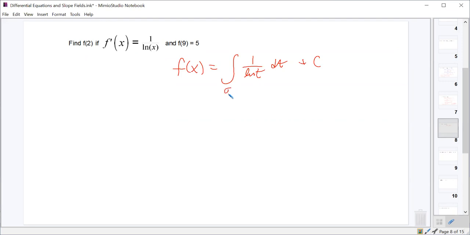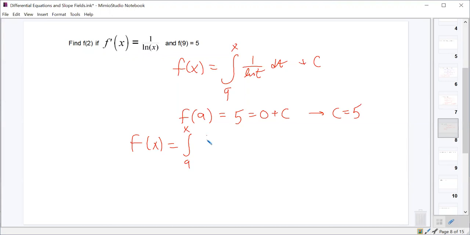And your lower limit should have been 9, and your upper limit should have been x. And since f of 9 is equal to 5, that's 0 plus c, it tells you that your constant is 5. And so f of x in the end is the integral from 9 to x of 1 over ln t dt plus 5.